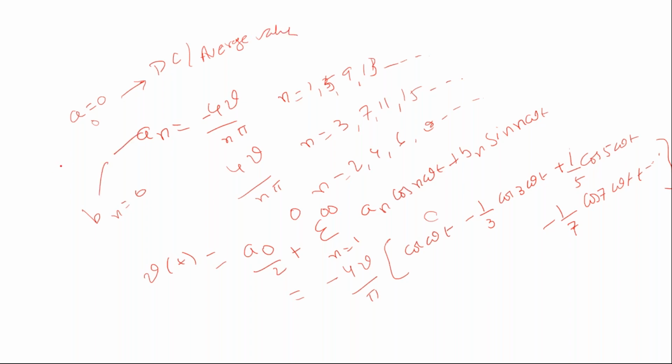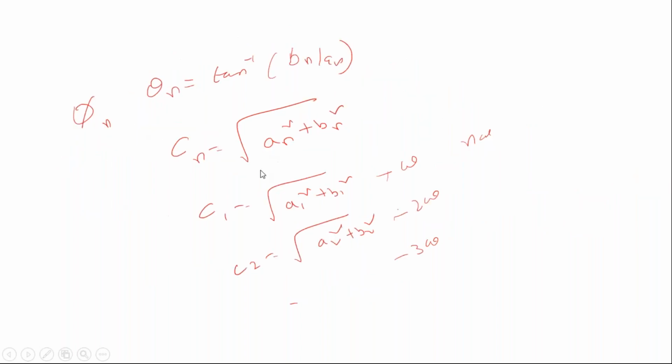And this An and Bn you can call harmonic coefficients. It depends on the value of n. If n equals 1, you will get the first harmonic coefficient. If n equals 2, you will get the second harmonic, like that. So all these values, if you represent in terms of magnitude, you call it amplitude spectra. If it is phase, you can write a mathematical equation like this.